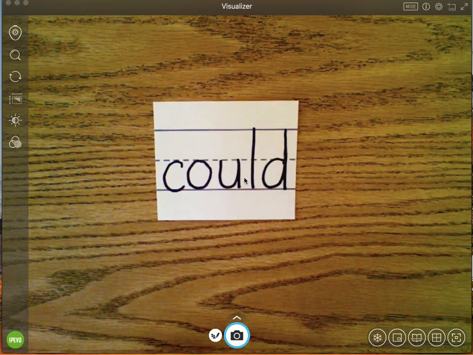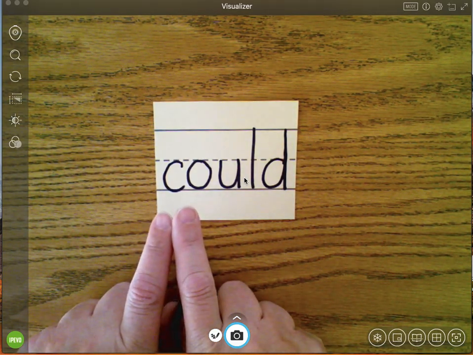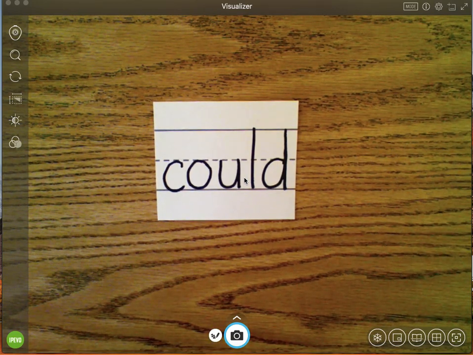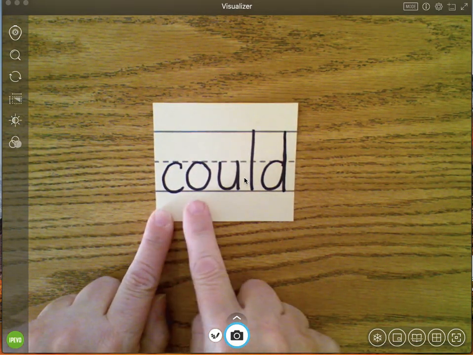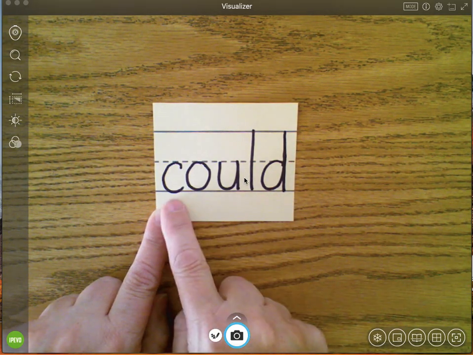Now we want to make sure that we turn this word into a snap word, so let's chant the word and spell it. And we're going to do it 3 times just to give us a little bit of practice and put it in our memory. Ready? C-O-U-L-D.